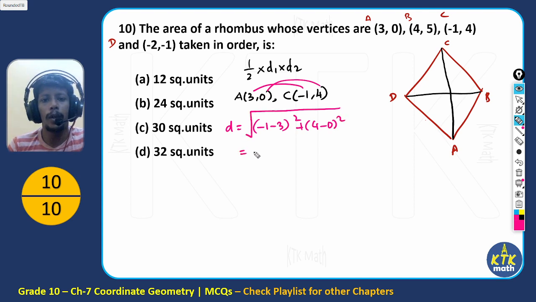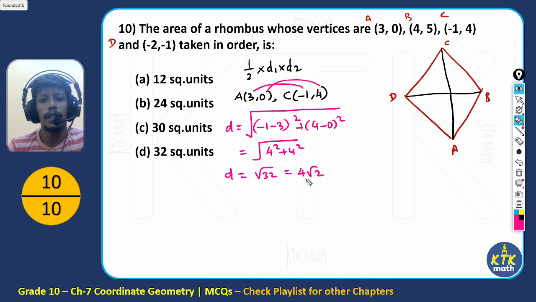So ultimately I have 4 squared plus 4 squared, which gives me root 32. Root 32 is nothing but 4 root 2. How? Root 32 I can write as root 16 into root 2, and root 16 reduces to 4. So this is the AC distance.